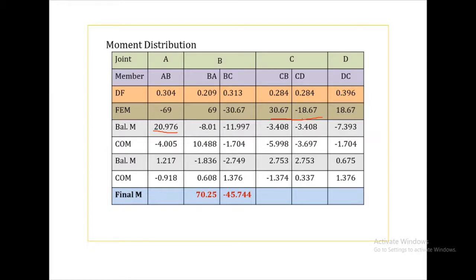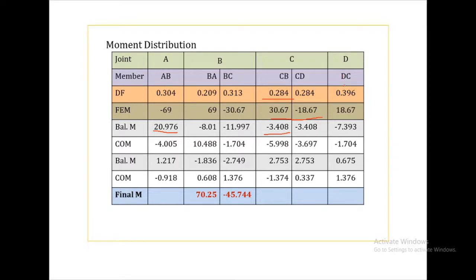So we take the negative value, that is minus 12 into 0.284, which will give us minus 3.408, and minus 12 into 0.284 again gives us minus 3.408.